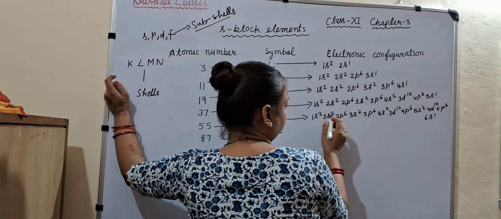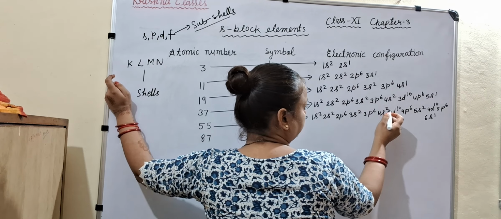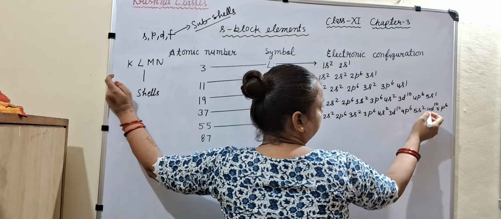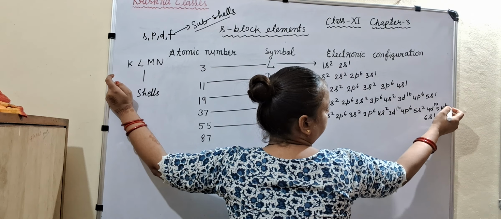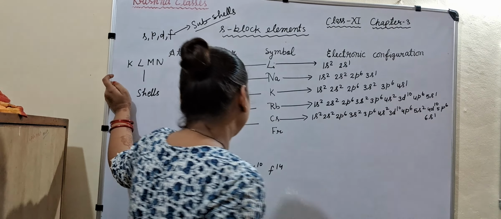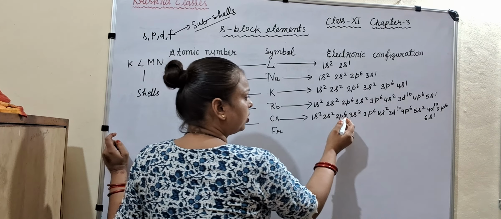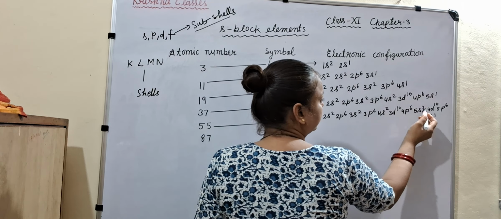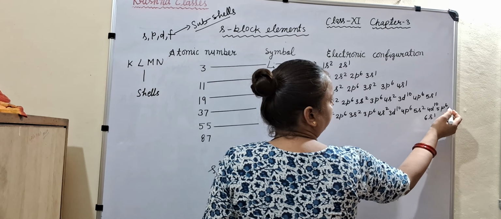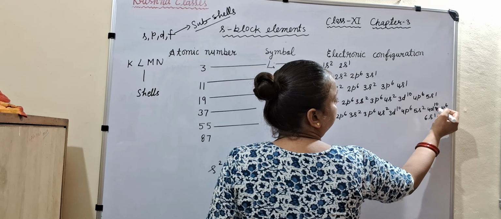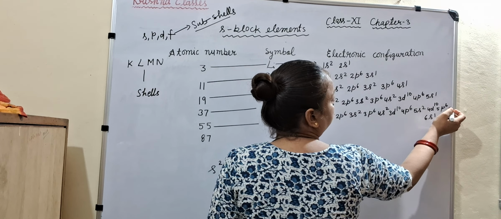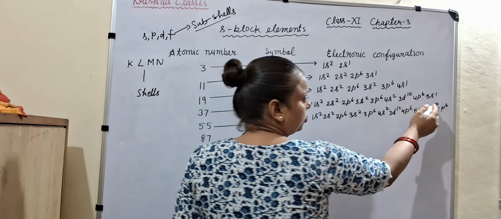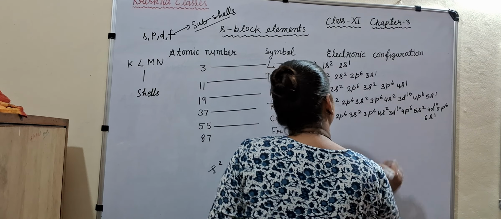You can count easily: 2, 4, 6, 10, 12, 18, 20, 30, 36, 38, 48, 54 and 55.